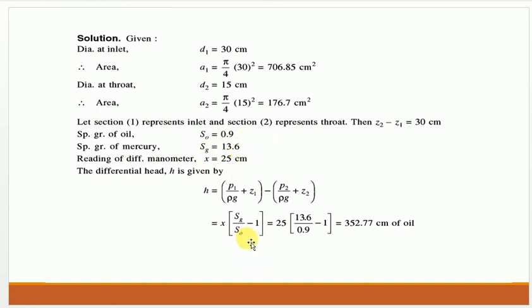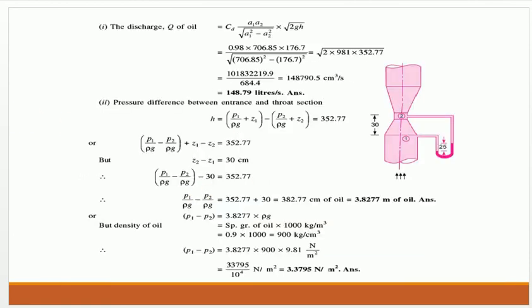We apply this formula, which we already discussed in the venturimeter, for the two different fluids. So x is 25 cm, and here it is 13.6 by 0.9 minus 1. So we find 352.77 cm of oil, which is the head.